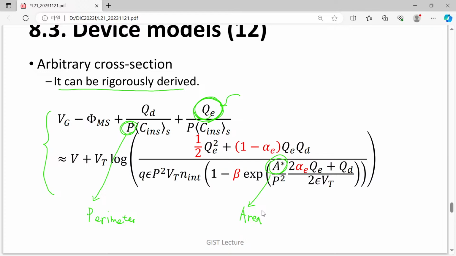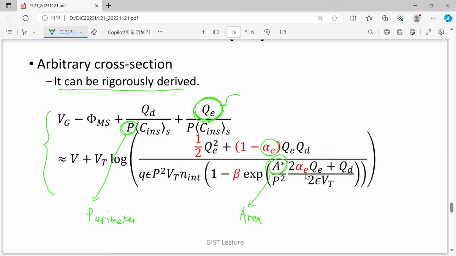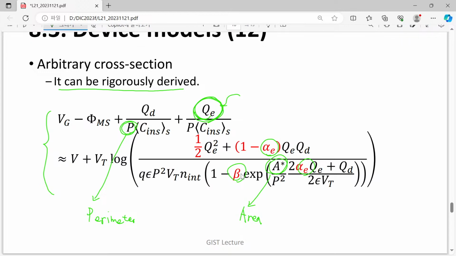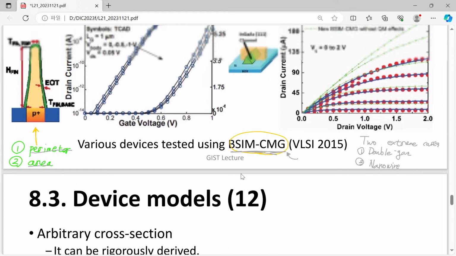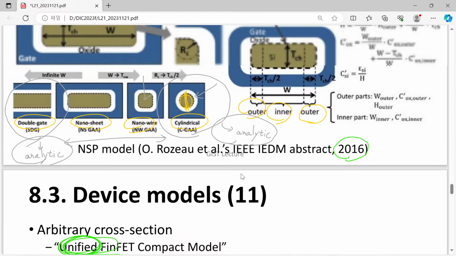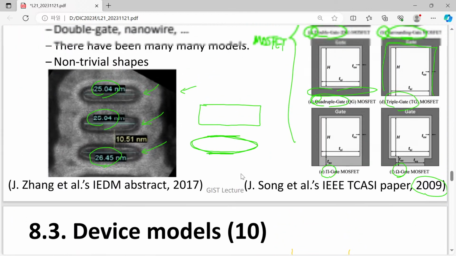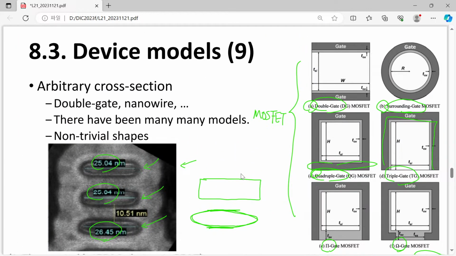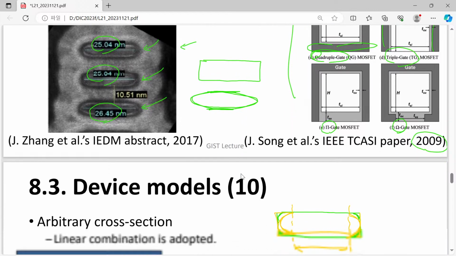Of course, this is not the end of our story, because here we have additional parameters like alpha and beta, so we must consider a certain model for these quantities. But anyway, it is much better than individually modeling every possible cross section. It is much better.